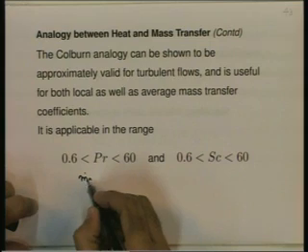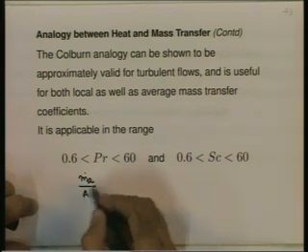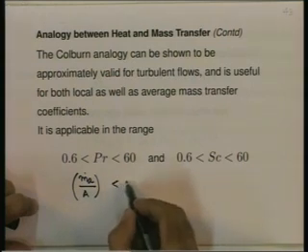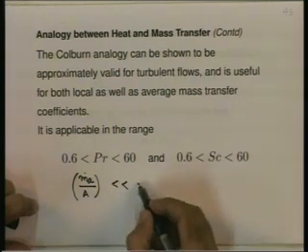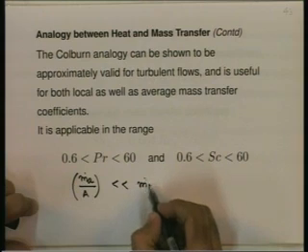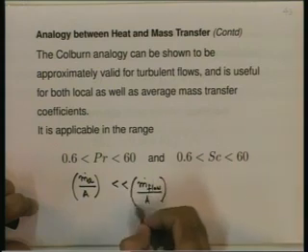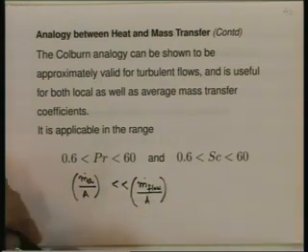The Colburn analogy is also applicable when the mass flux, say of some species, because of mass transfer, is much less than the mass flux of the principal flowing medium. We will check this out and illustrate this in a problem later.